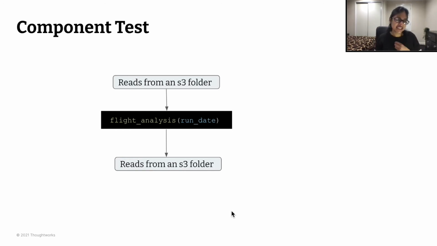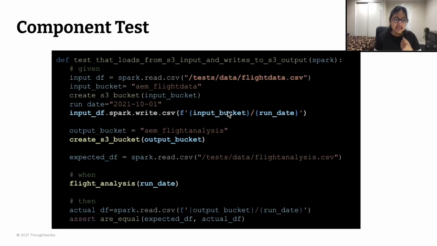So again, let's take an example. For example, this is my flight analysis, where the whole job is reading data from some AWS S3 folder and writing data to some S3 folder. How can I test that locally? So when I want to write the test, this is my test. First I have to create an input file that my job is expecting.